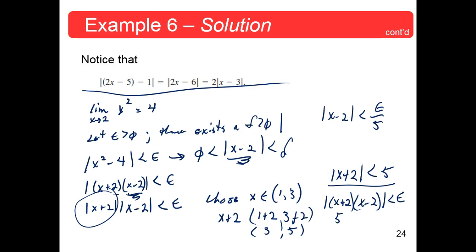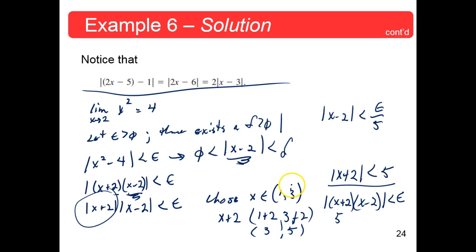Or, let's go on the other side. If you chose the lesser one, so let's do the lesser one, the 1.